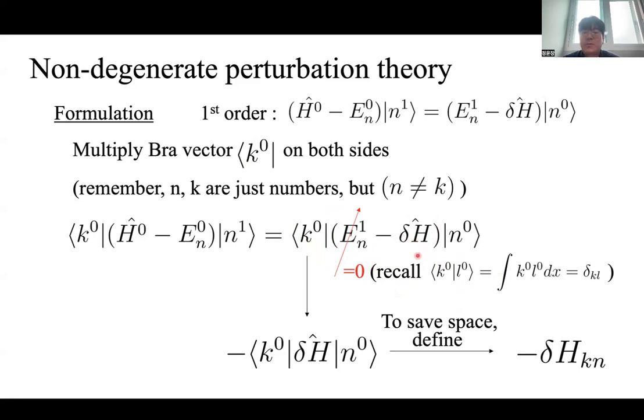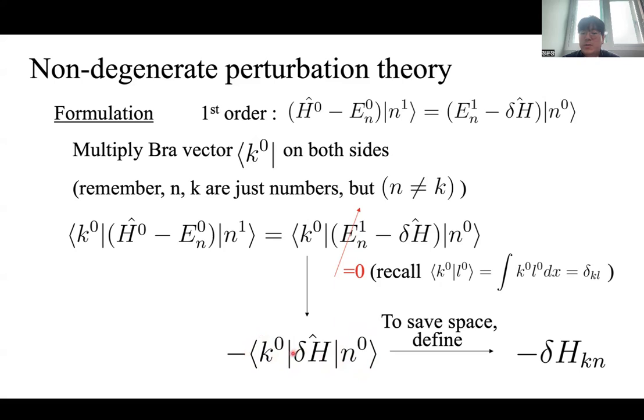And I get this term again here, where I'm taking the expectation value of this corrected Hamiltonian with respect to the nth eigenstate of the original Hamiltonian and the kth eigenstate of the original Hamiltonian.